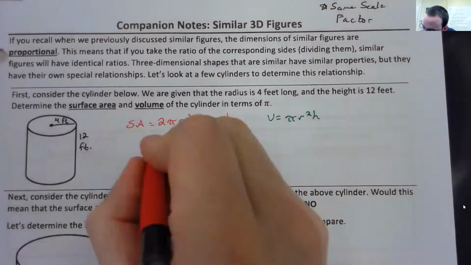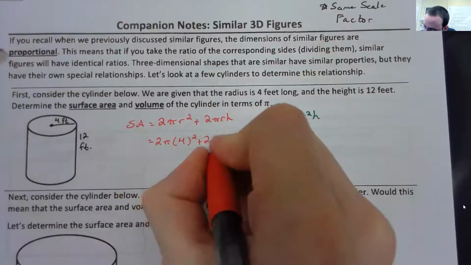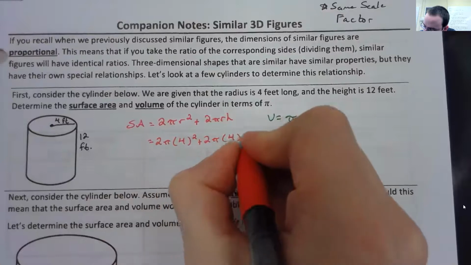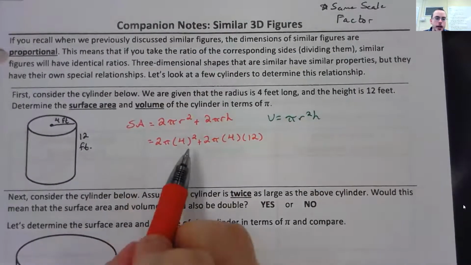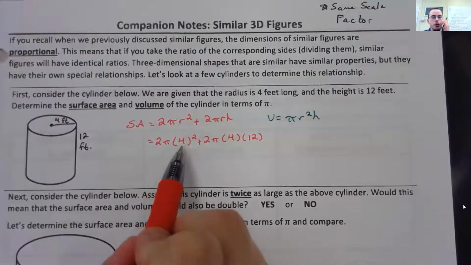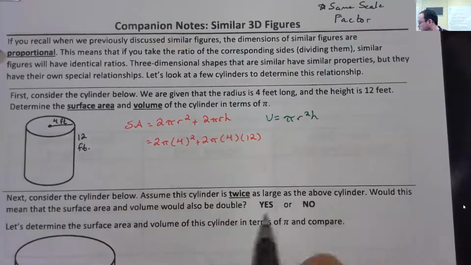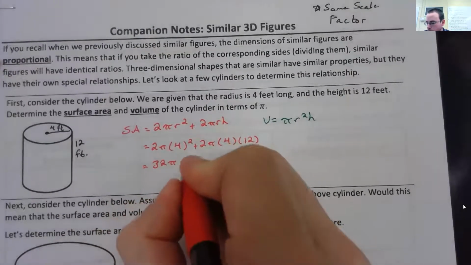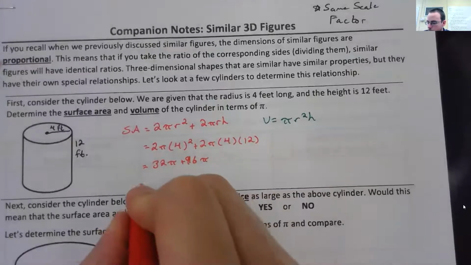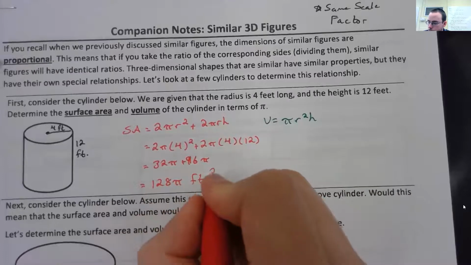So 2 pi r squared plus 2 pi r h. R in this case is 4, and h is 12. If you add all of this up, 2 times 4 squared plus 2 times 4 times 12, and then stick it with the pi, you would get 32 pi plus 96 pi, which would be 128 pi feet squared.